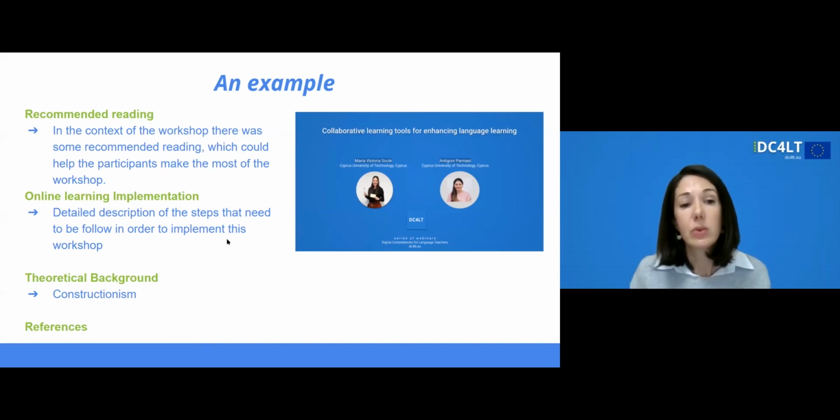There is a detailed description of the steps that need to be followed in order to implement this workshop. The theoretical background on which the workshop was built, in this case, was constructionism, and again, the references for this particular workshop. But this applies for the 16 units. It's the same structure.